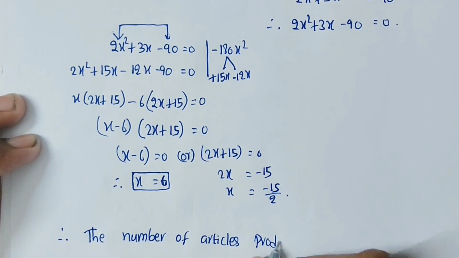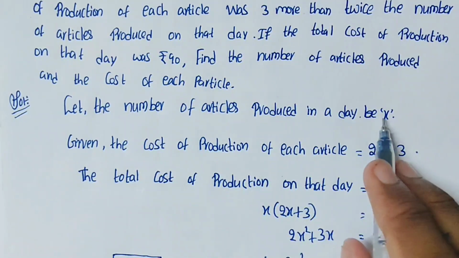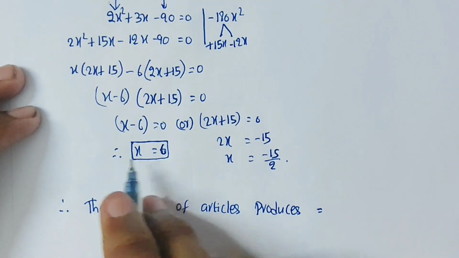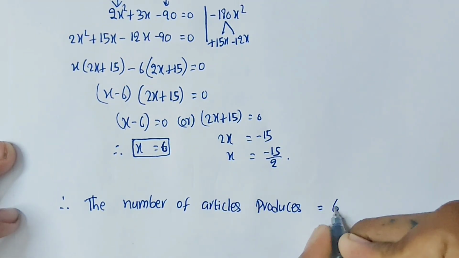The number of articles produced equals x, what we took as the number of articles produced in a day. So the number of articles produced equals x equals 6.